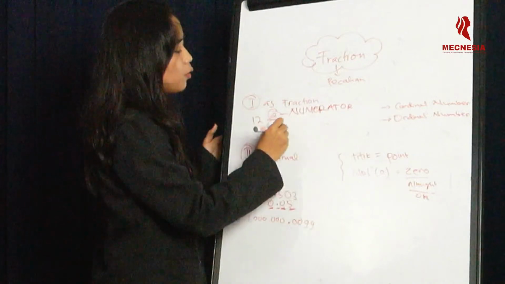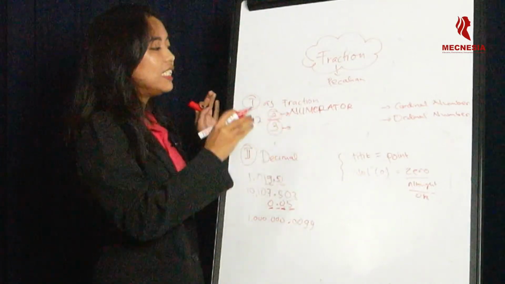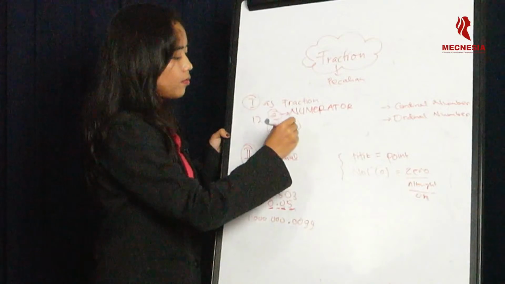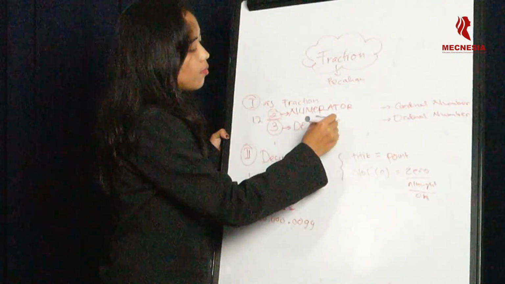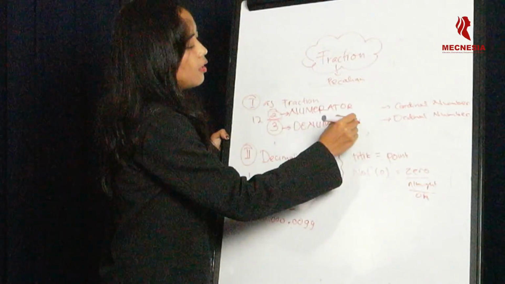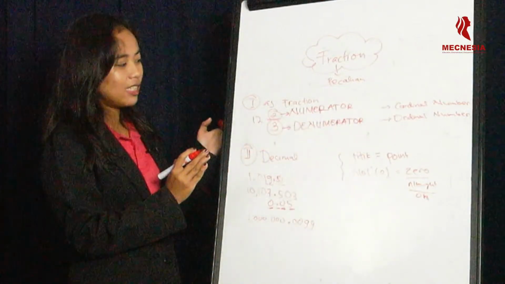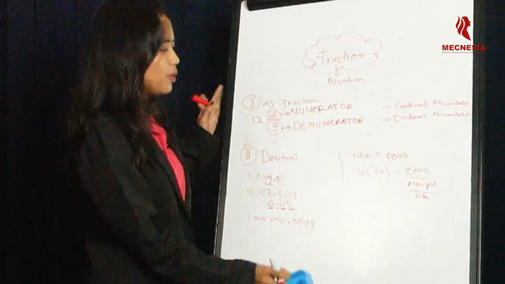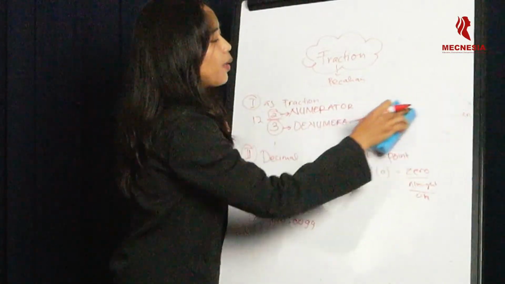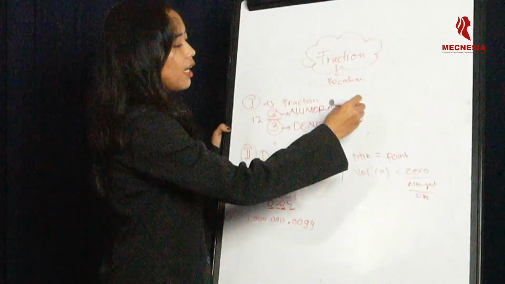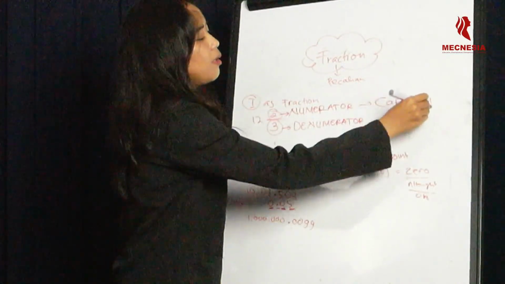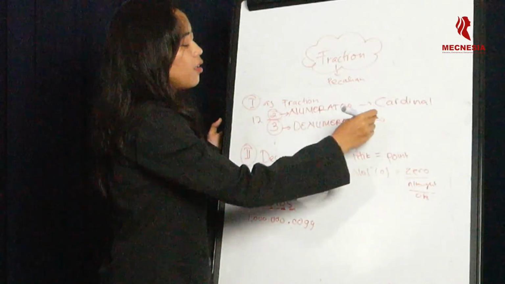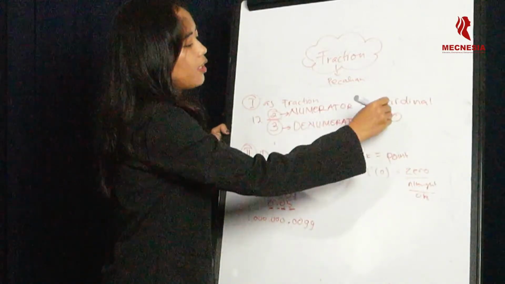And untuk bagian penyebutnya disebut denominator. Okay, I hope you can see it clearer now. Miss harap udah lebih jelas sekarang. So for numerator, kita bacanya pakai cardinal number. And for denominator, we read it as ordinal number.